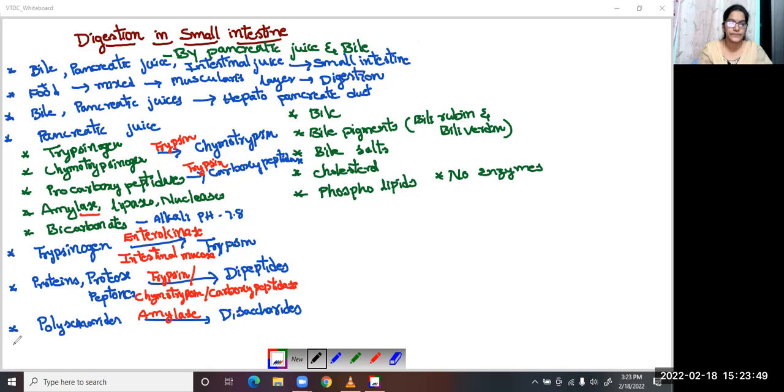And next, nucleic acids convert into nucleotides and then to the nucleosides, in the presence of nucleases.